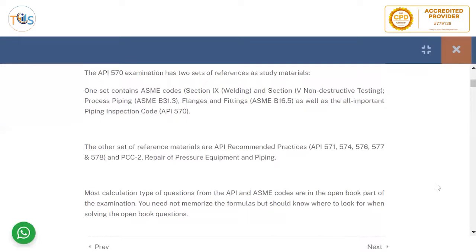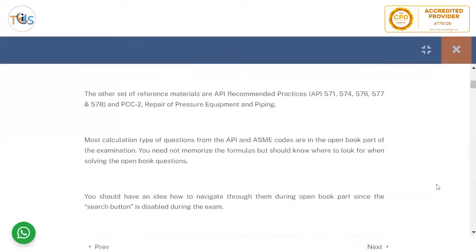The other set of reference materials are API recommended practices: 571 damage mechanism, 574 inspection practice, 576 pressure relieving devices, 577 welding inspection, 578 PMI, and PCC-2 repair of pressure equipment and piping.